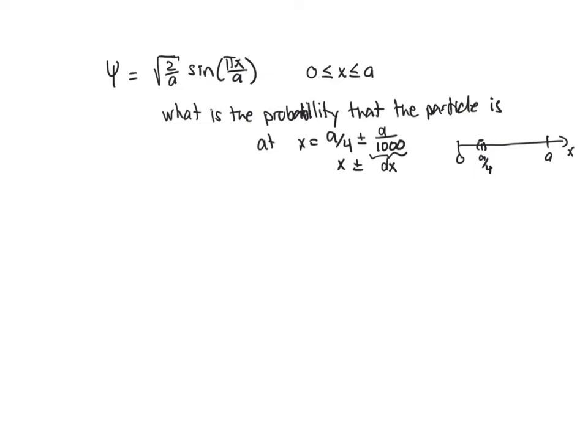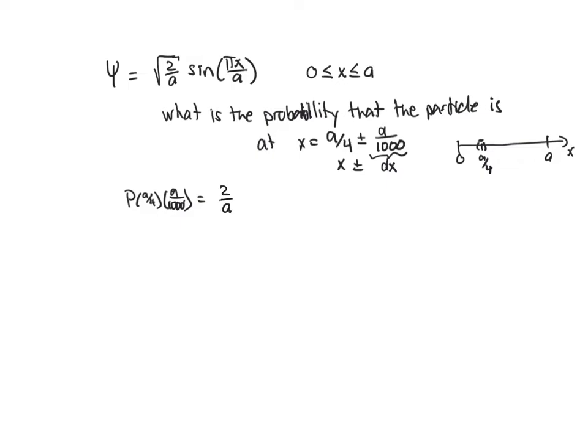So what I need to do is take psi star psi, so my probability at a over 4, a over 1,000 dx, is going to equal psi star psi. Since my wave function is not imaginary, I just square this wave function, and that will give me my probability.